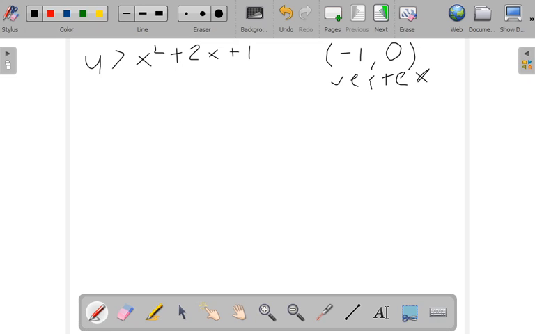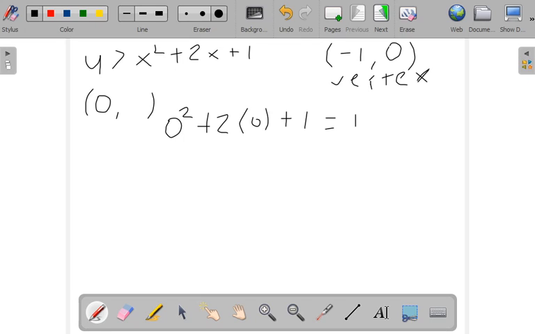Another one that we could do would be to substitute in 0 for x. So if we substitute in 0 for x, now we just need to find the y coordinate. Go back to your original equation, substitute in 0: 0 squared plus 2 times 0 plus 1 equals 1, right?